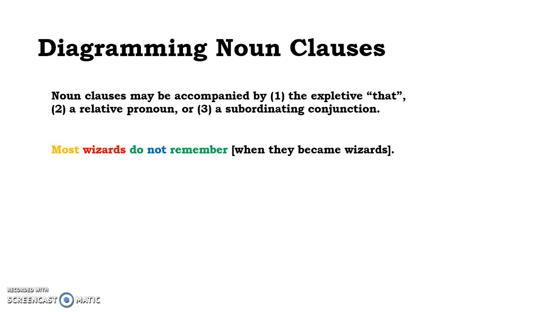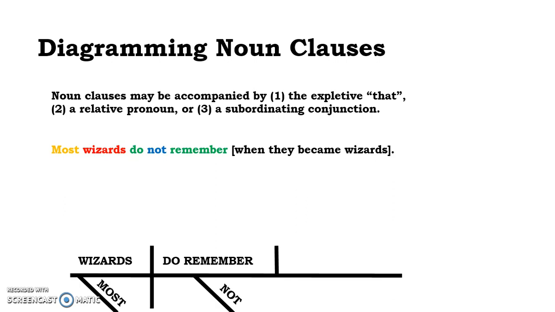I'll show you that in a moment. And then most wizards, wizards being subject, most being modifier. So the first part of the sentence is diagrammed like this. I put my negative adverb beneath the verb and then combine do and remember on the baseline. Most goes beneath wizards.